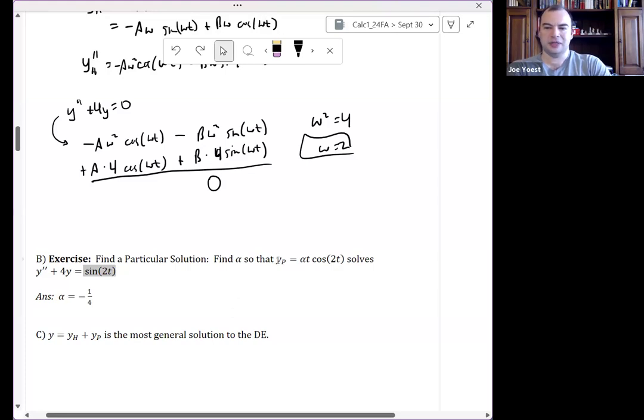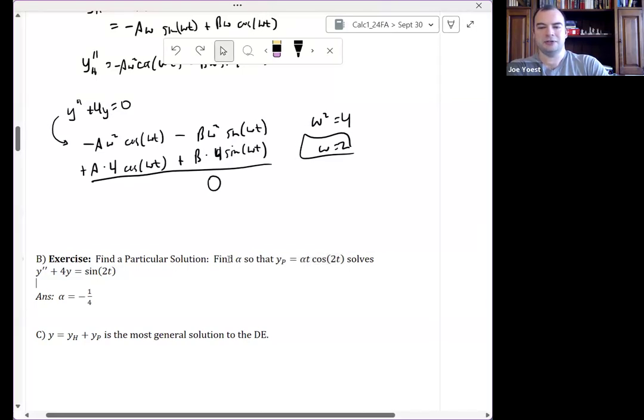And again, how did we come up with this? Why did we know this was the right function to choose? That's a question for a differential equations course. But for this particular exercise, we're given the form of the function. Our particular solution we're looking for is alpha times t times cos of 2t.